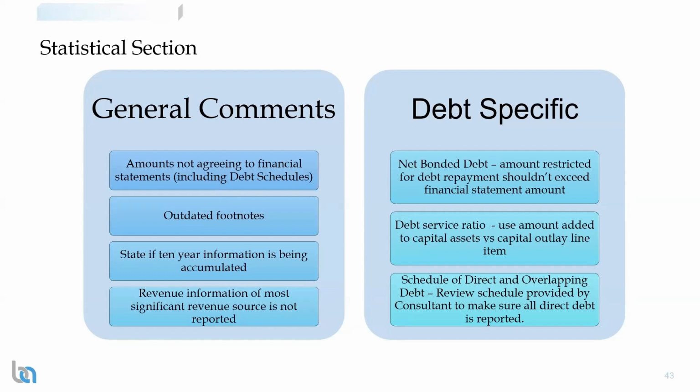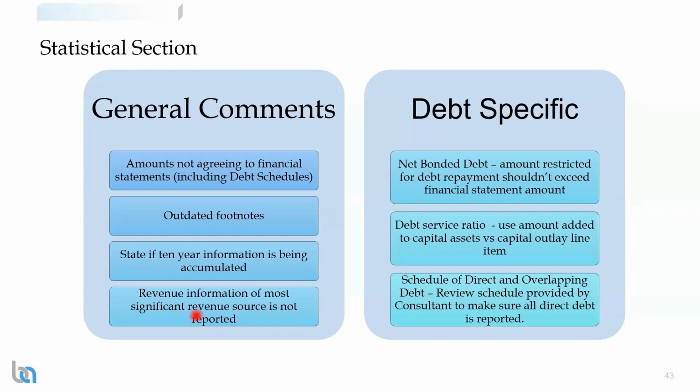It's already out of date. It's no longer applicable to the 10 years presented. Those can be removed. If you are brand new to the ACFR scene and you're building your ACFR and you don't have 10 years of information, then you can state that 10 years of information is being accumulated, which is why you only have 3 years or 5 years or what have you.